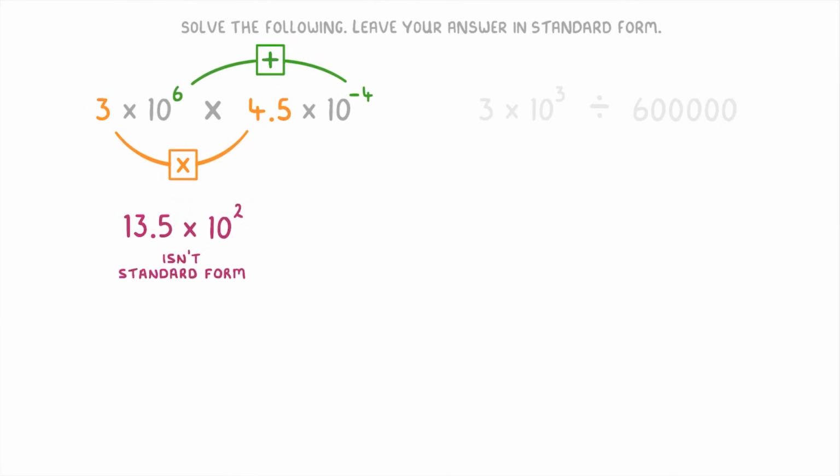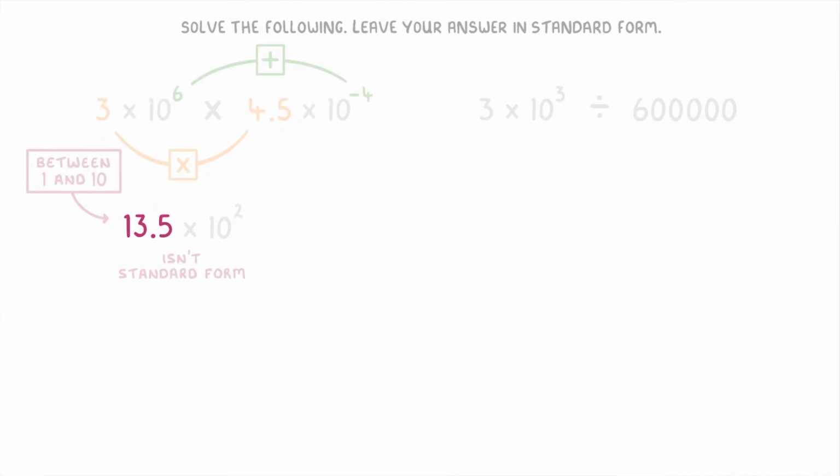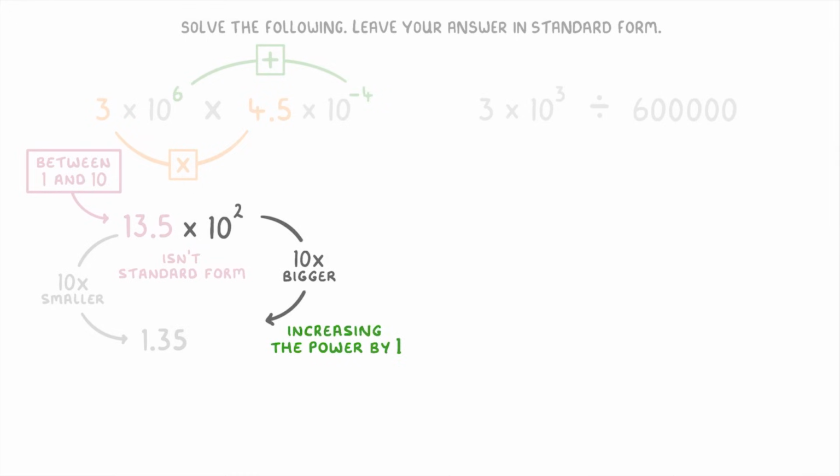But this isn't actually standard form, because the front number has to be between 1 and 10 for it to be counted as standard form. To fix this, we need to change the 13.5 to 1.35. So effectively, we need to make the front number 10 times smaller. To keep the overall number the same though, we need to make this part 10 times bigger, which we can do by increasing the power by 1.